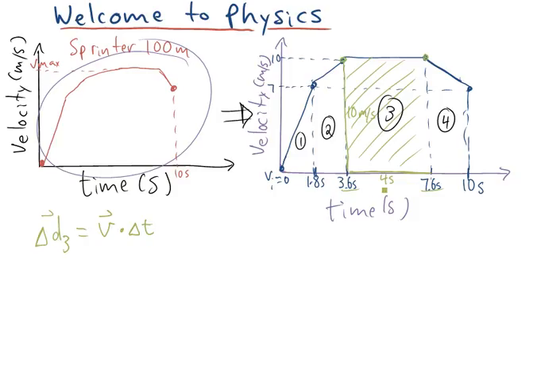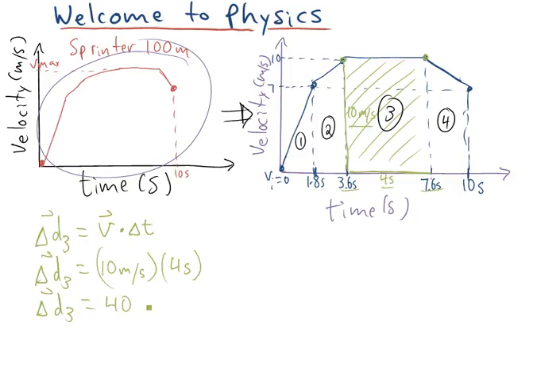My delta t in this case is 4 seconds, and my velocity is 10 meters per second. So delta d3 is equal to 10 meters per second multiplied by 4 seconds. And there's a bunch of you out there that already know the answer to this problem.